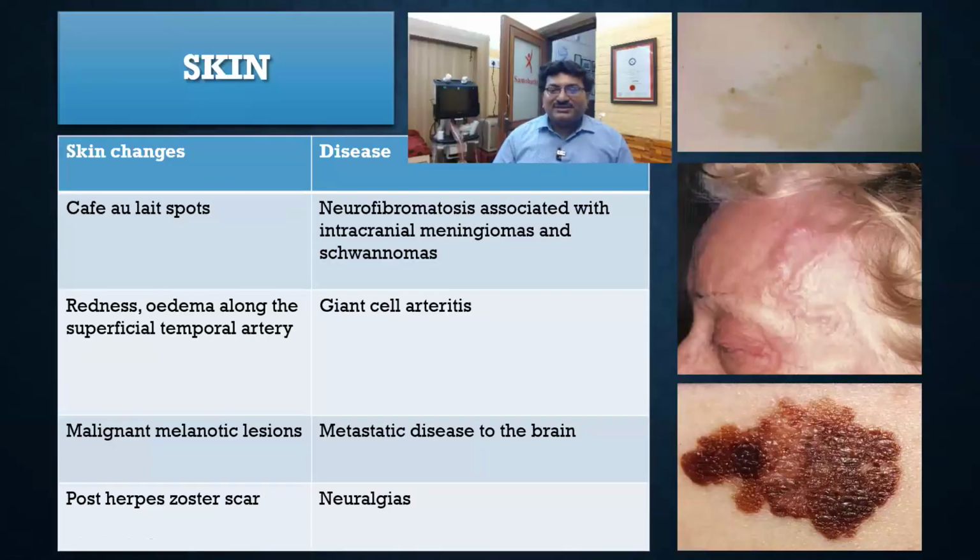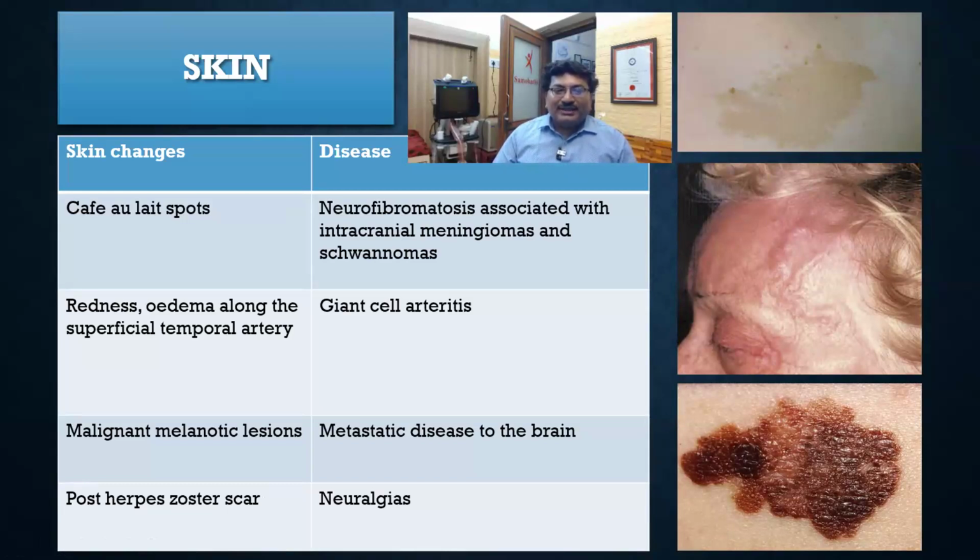Now coming to the skin changes, though usually it is not easy to find these. This requires a lot of clinical practice. For example, a herpes zoster scar could indicate that PHN is there. Then malignant melanoma could mean a metastatic disease in the brain.